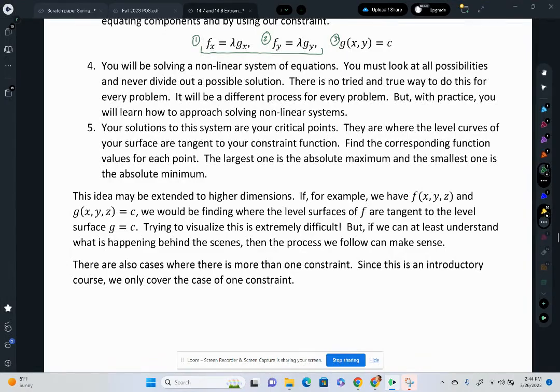In that case, the interesting part, when we're looking at f of x, y, z, remember that's a 4-dimensional thing that we have. So we won't be thinking of the gradient of level curves; we're going to be looking at the gradient of level surfaces. But we won't actually be able to see this. So we're going to start with these 2 variables and work our way up to 3, having an idea of what we're trying to find.